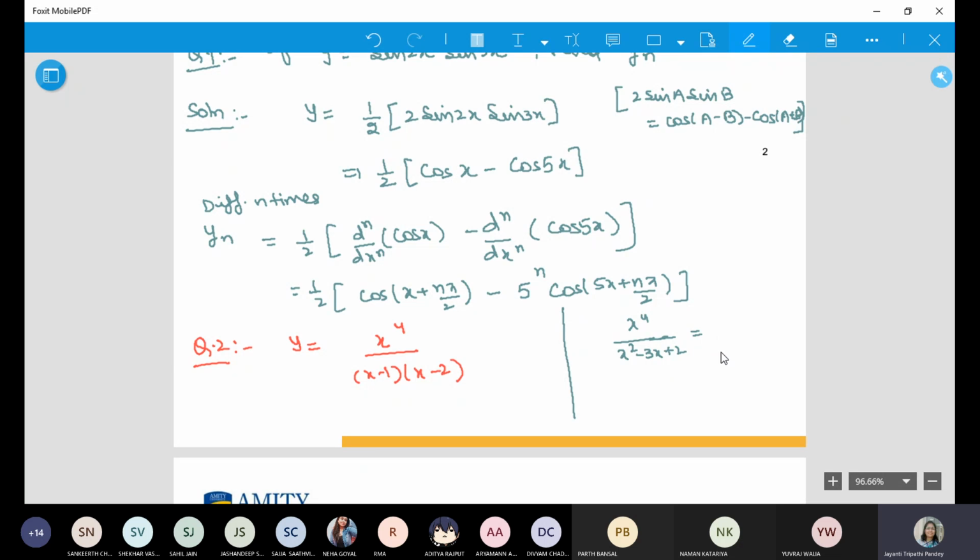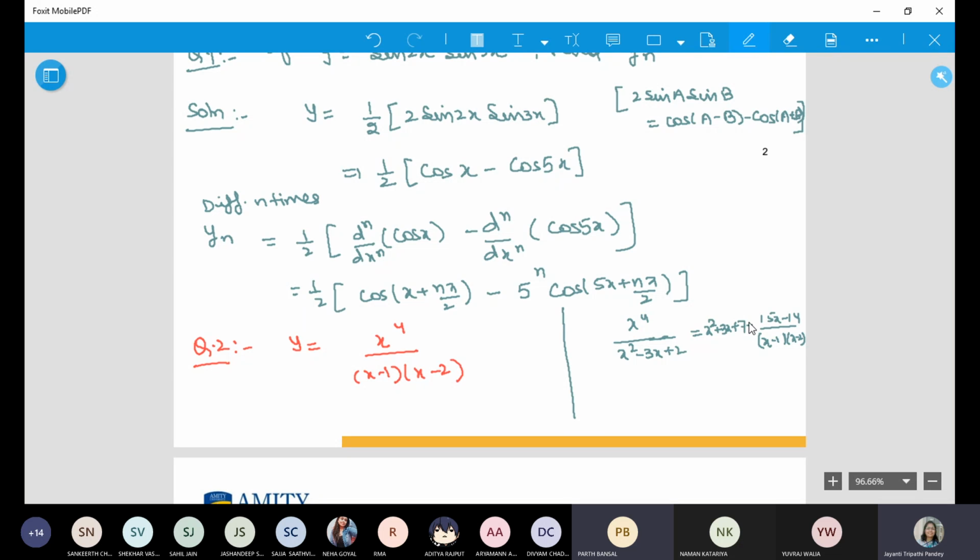What will you get? Ma'am, you get 15x minus 14 divided by x square minus 3x plus 2, plus x square plus 3x plus 7.